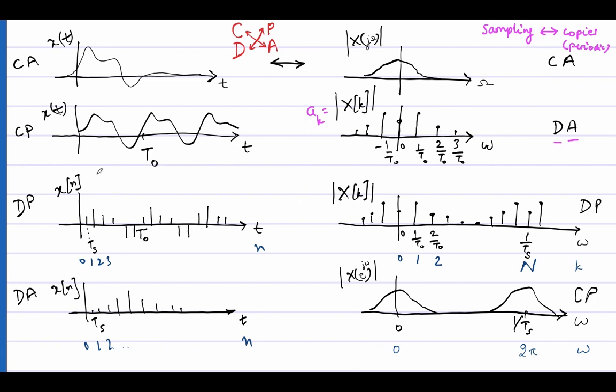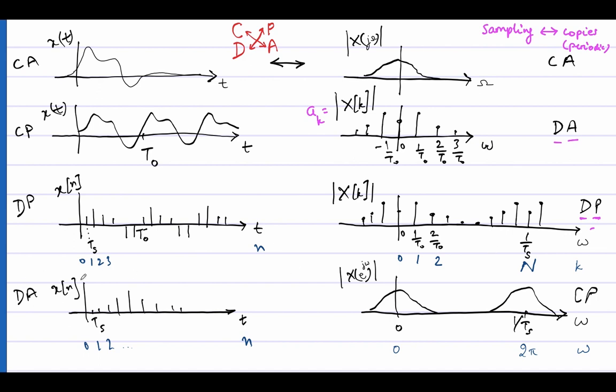Now if I sample in this domain, what do I get? I get copies in this domain. Your single thing has become many copies now. Similarly, this is discrete, so this will be periodic, and this is periodic, so this will be discrete.